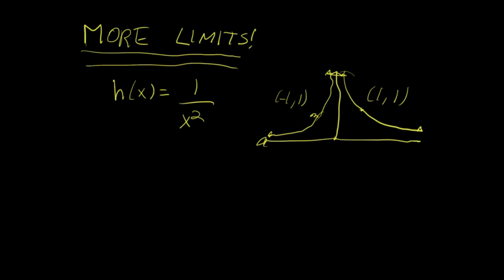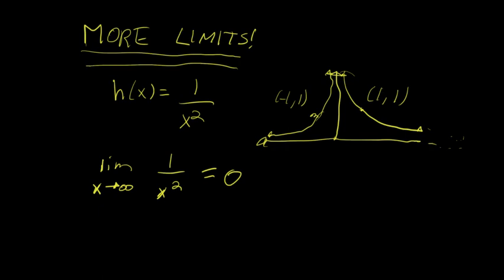Okay, and here we want to find the limit as x tends to infinity. So as x gets bigger and bigger, positive numbers, what happens to 1 over x squared? Well, from the graph, we can see that it looks like it's getting closer and closer to 0. So we say the limit as x tends to infinity of 1 over x squared is equal to 0.